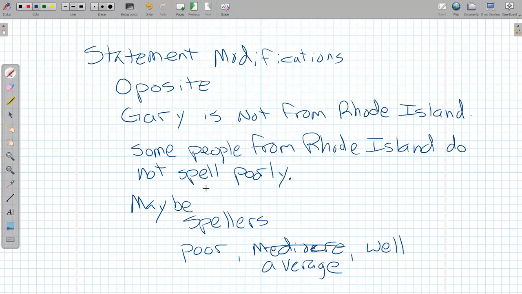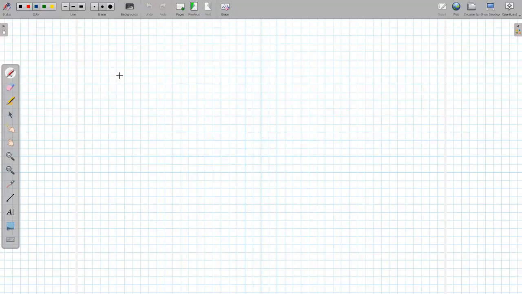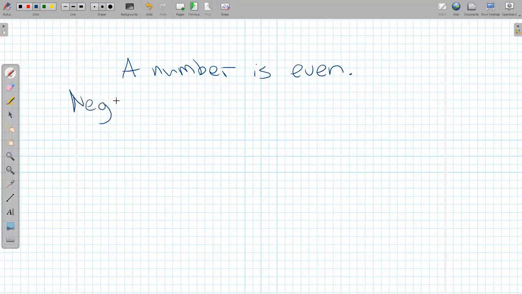So let's look at a similar example. Let's see, how about a very simple sentence: a number is even. What I would like you to do is negate this statement.